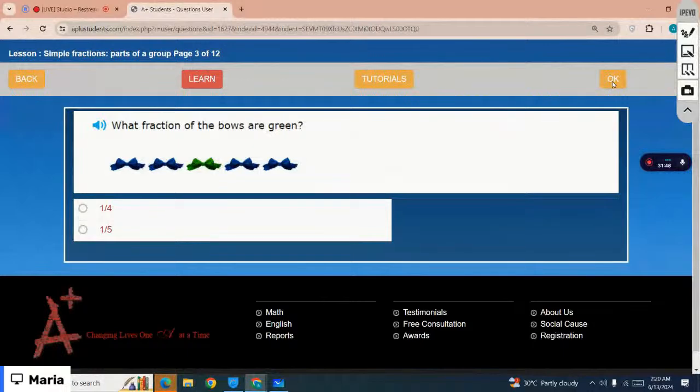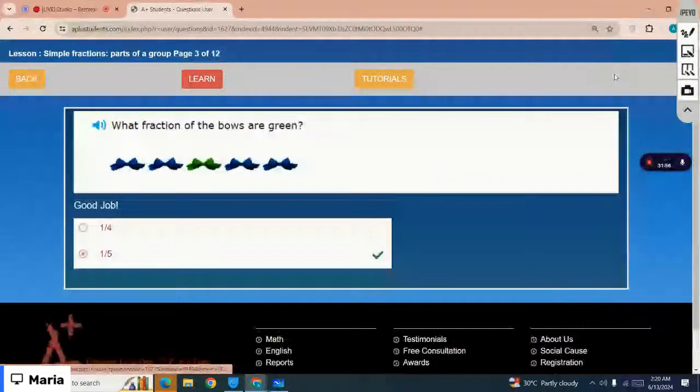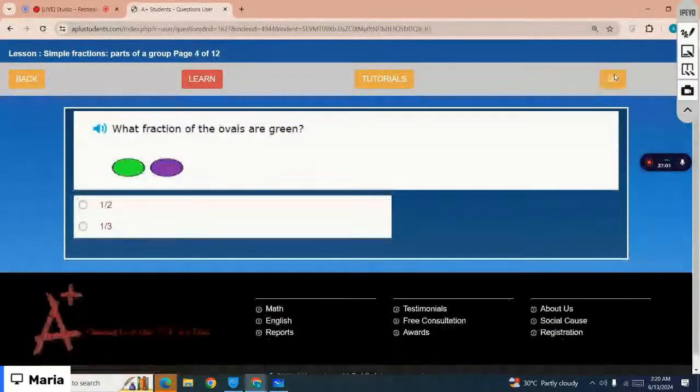That is 1 out of 5 because the total of them are 5. So that would be 1 out of 5. What fraction of the ovals are green? So which is the correct option?